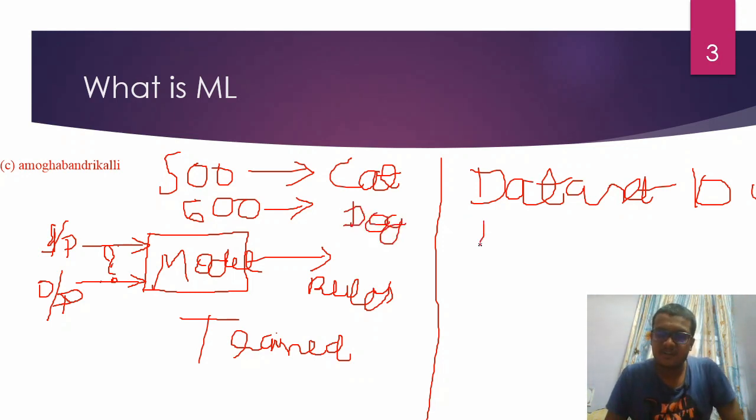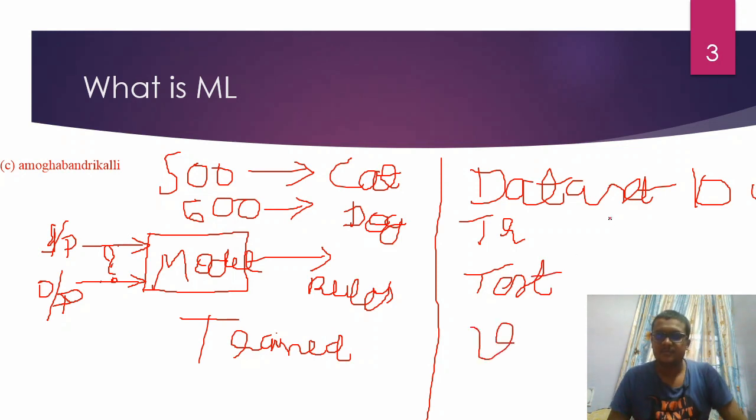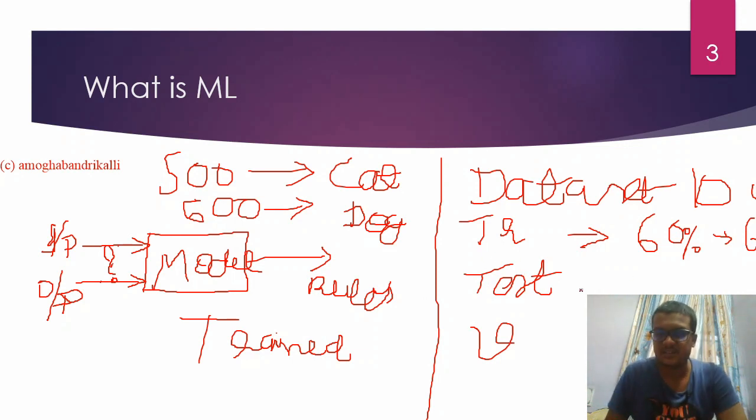Here we have three scenarios: training, testing and validation. For training, 60% of your data set is going to be used. That is, out of 1000, 60% means you will have 600 images of both dogs and cats.